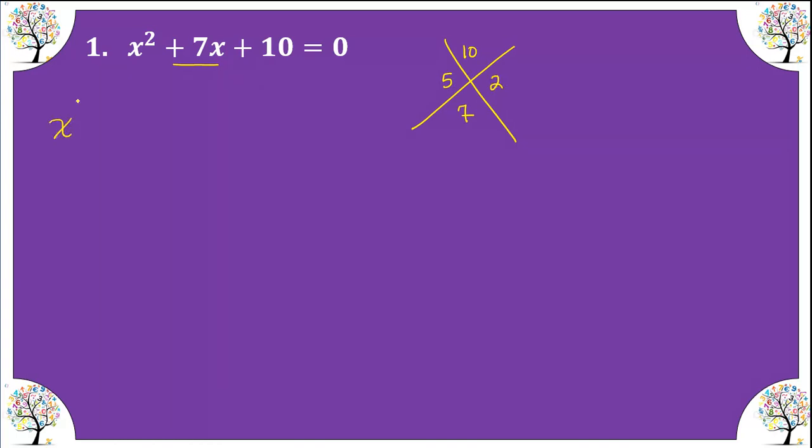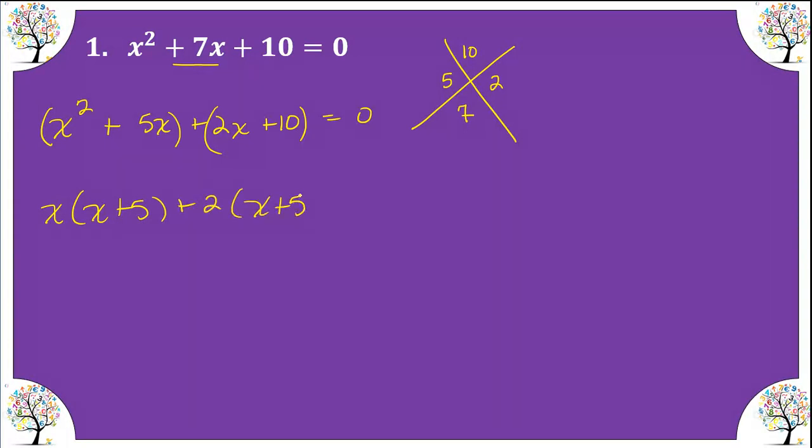So I'm going to rewrite our equation as x squared plus 5x plus 2x plus 10 equals 0. We're going to group the first two and the last two, and factor out the GCFs. Now we have x plus 2 times x plus 5 is equal to 0.